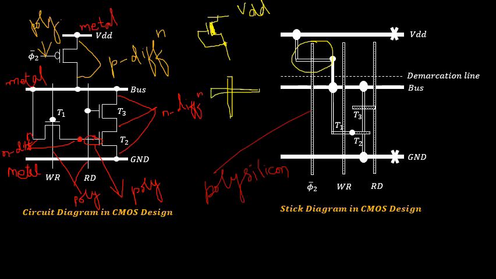Say I will represent the polysilicon in terms of a red color layer. So this is a polysilicon. So a transistor has been formed and the polysilicon gate terminal has to get shorted with the drain terminal. So this is a diffusion layer and this one is a polysilicon layer.